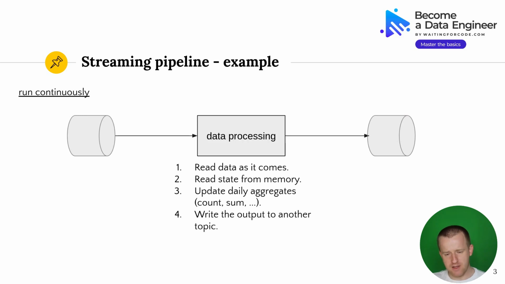And so the algorithm is also a bit different because of that. Still, we start by reading the data, but later we get the last state from memory, and we update the aggregate we want to compute, for example by users or by store IDs. And in the end, we write this output.